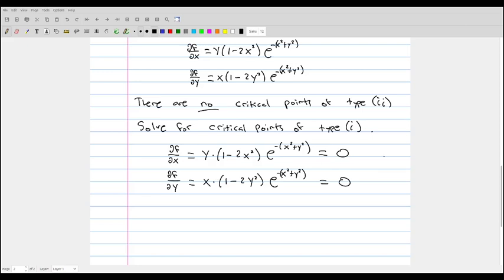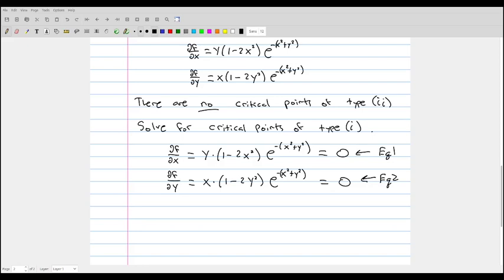So we have a system of two equations that we have to solve, and the solutions of this system of two equations for two unknowns x and y will give us all of the different critical points for the function we're interested in.